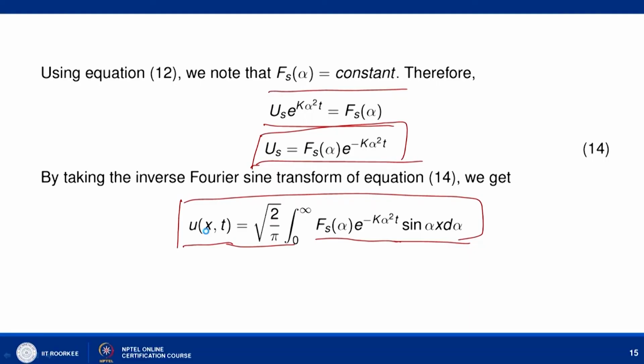So we can write our solution as u(x,t) equal to root(2/pi) integral from 0 to infinity of f_s(alpha) e^(-k alpha square t) sin(alpha x) d alpha. So here we found the solution for the semi-infinite region when the boundary condition is given in terms of u.